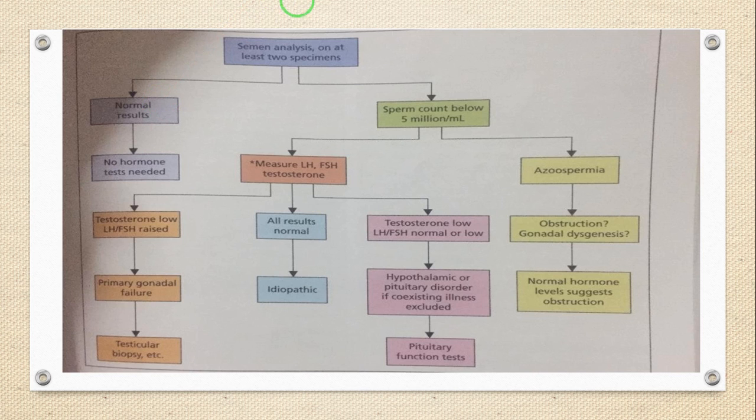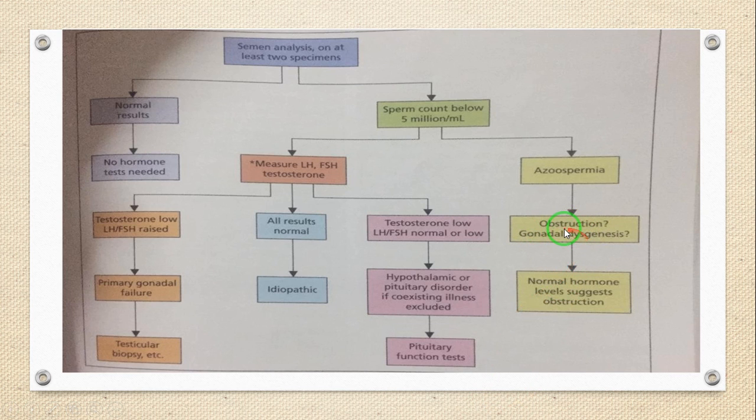If the result of the seminal analysis is normal, then there is no need to do further hormone analysis. But if the seminal fluid analysis shows that the sperm count is below 5 million per ml, while it must be at least 15 million per ml, and if it is azoospermic, meaning there is no sperm, this indicates that either the patient has obstruction in the tubules, or there is dysgenesis, in which there is completely disorganized tissue.